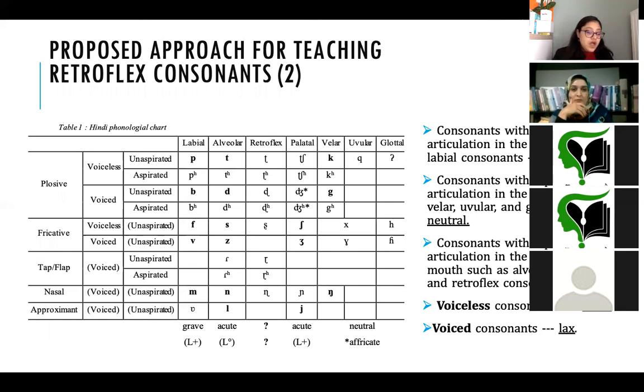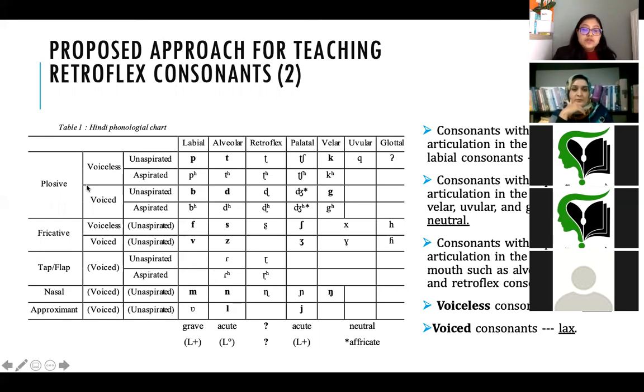Consonants with the place of articulation in the back of the mouth, like velar and uvular, even glottal ones, are neutral, while the rest of them, which are in the middle, are given the trait of acute. Voiceless consonants are considered to be tense, while voiced consonants are considered to be lax.